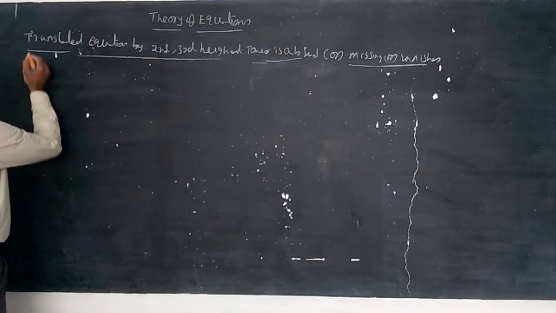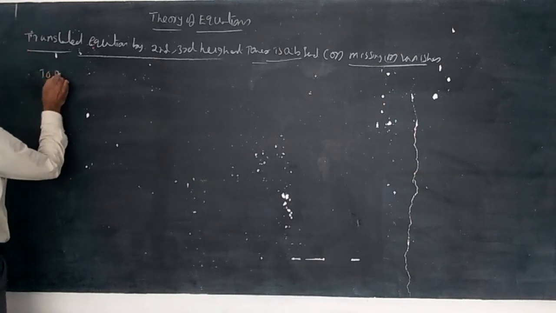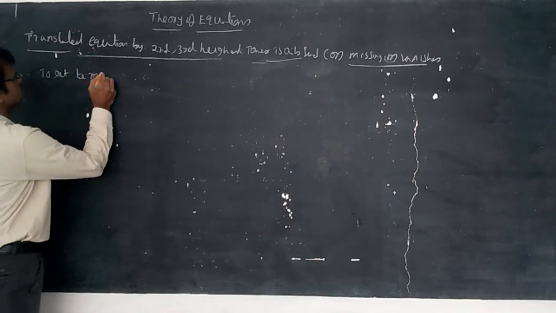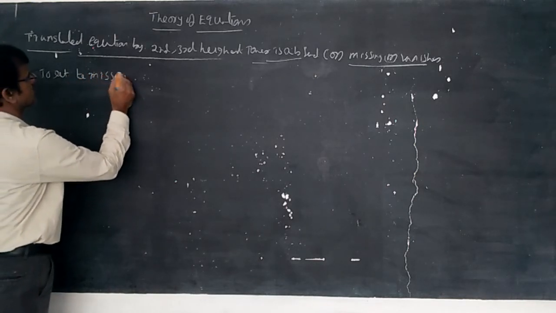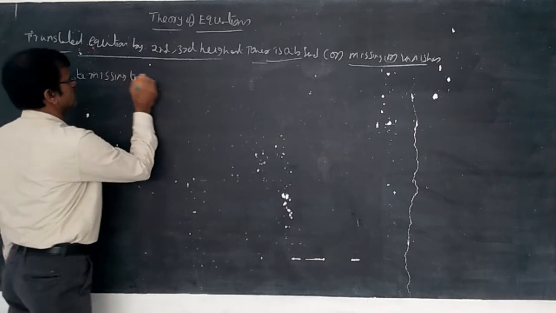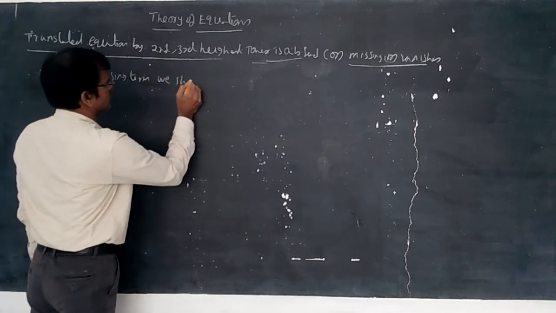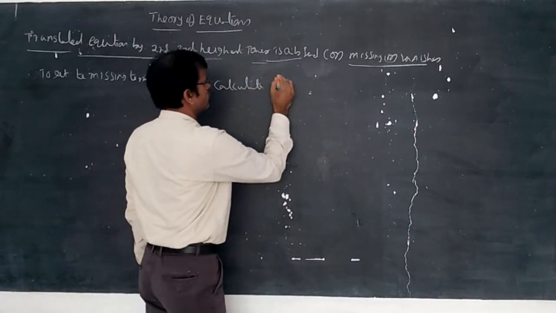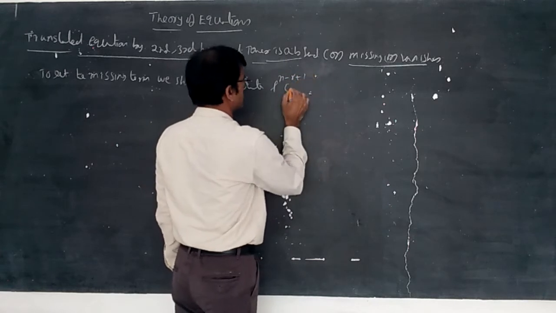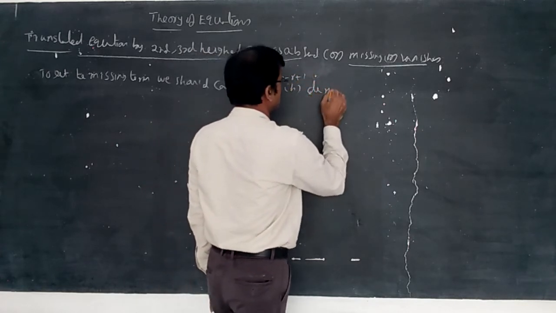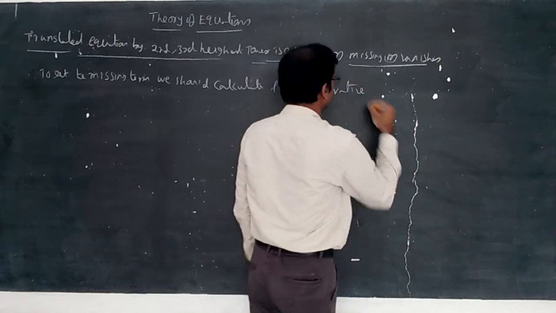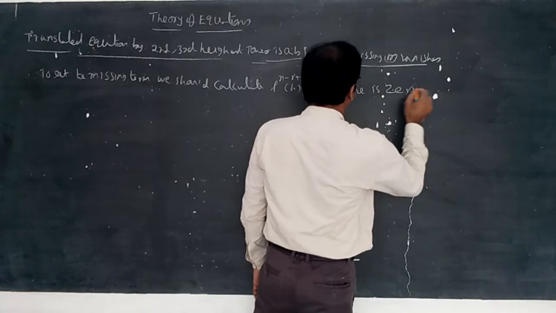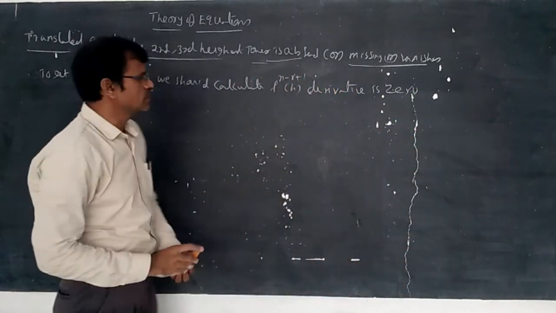If so, to get the missing term, we should calculate the f power n minus r plus 1 th derivative of h, and it is 0.